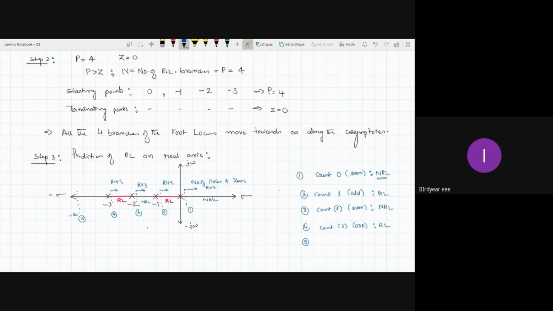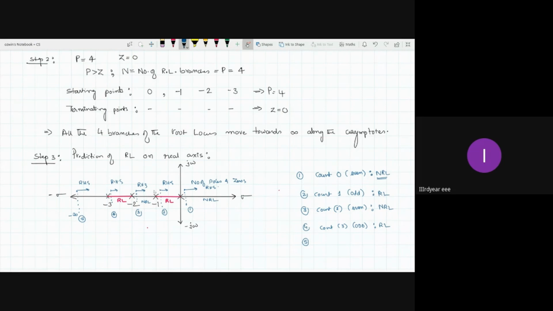Taking section 5 as reference, you count how many poles and zeros are present on the right-hand side of section 5. Basically, you are standing at -infinity and counting how many poles and zeros are on the right-hand side of the section under consideration.